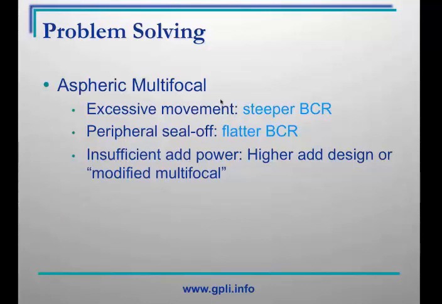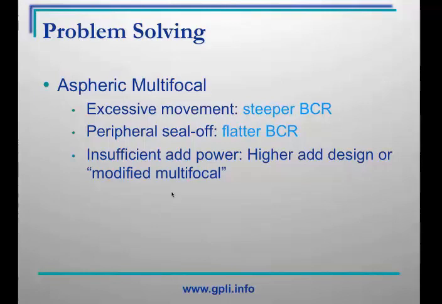If you don't have sufficient add power, and the designs today typically have multiple adds, and some of the newer designs are really exciting with the success that they're achieving in high add patients. So typically a higher add design will succeed with these individuals. But worst case scenario, you can simply overplus the non-dominant eye slightly in a modified multifocal and you'll have success at near with that individual.